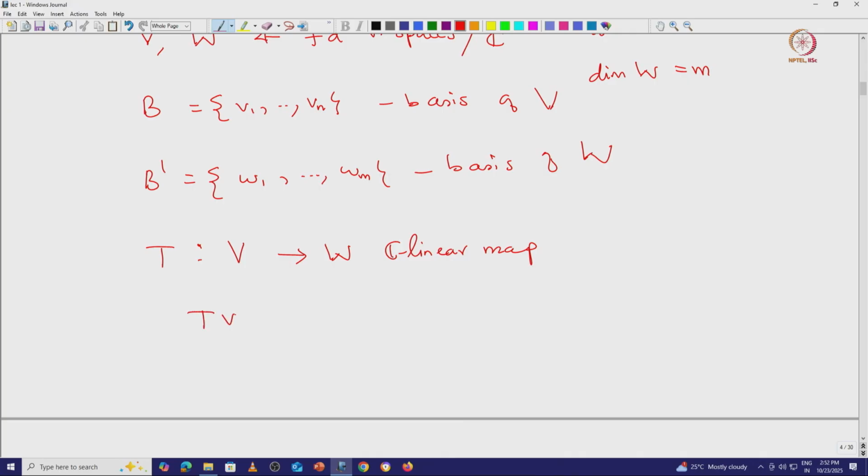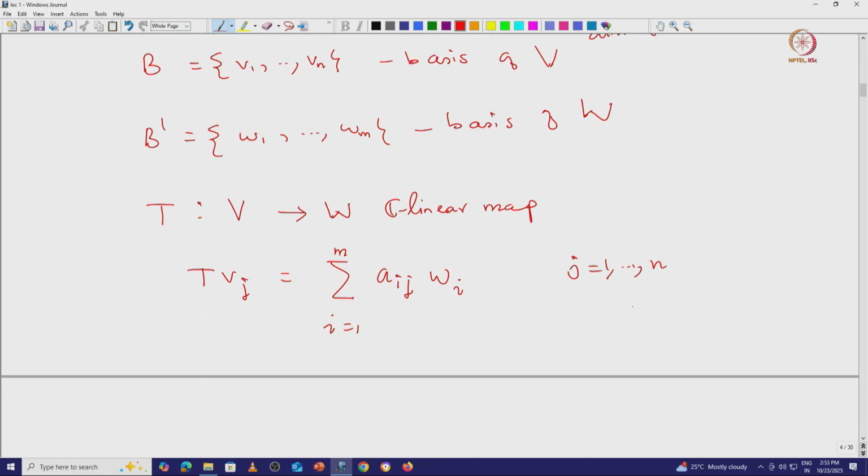T v_j can be written as a linear combination of the basis elements in B dash, which are the w_i's. So, you can write it as the sum of a_ij w_i, where i ranges from 1 to m, for each j from 1 to n.